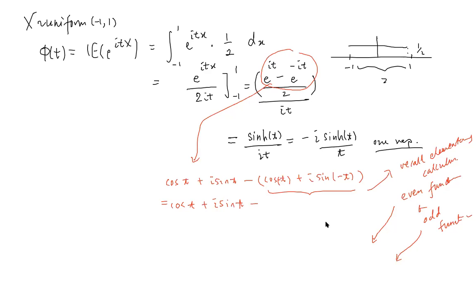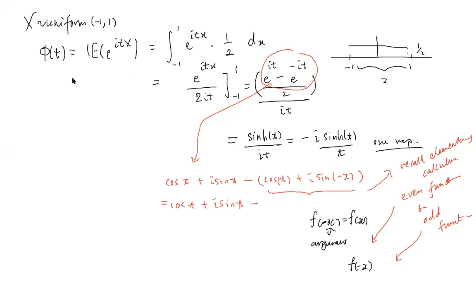Right, okay, that's right. An even function means that if the argument here has a negative sign, it doesn't affect it. Okay, it's the same as you would get, the same as not having a negative sign. But for odd functions, if you put a negative inside, your function will become minus.